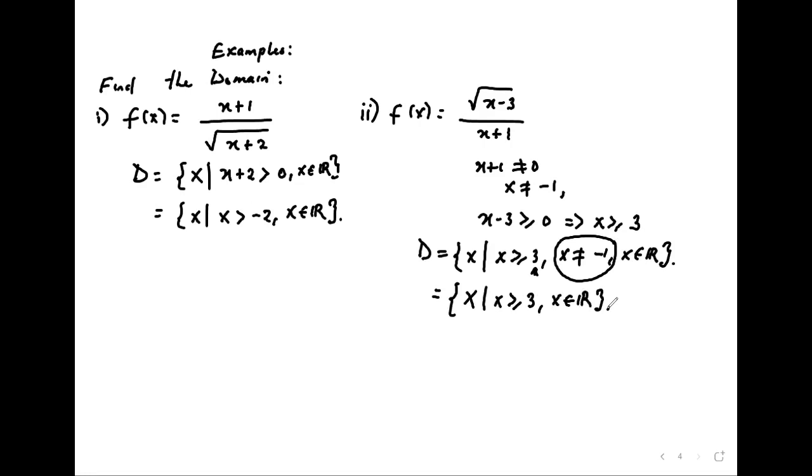I'm not worried, even if x was to be -1 somewhere. It does not mean that it will be part of the domain because my domain is strictly x greater or equal to 3. So for this particular one, it has excluded the other restriction.